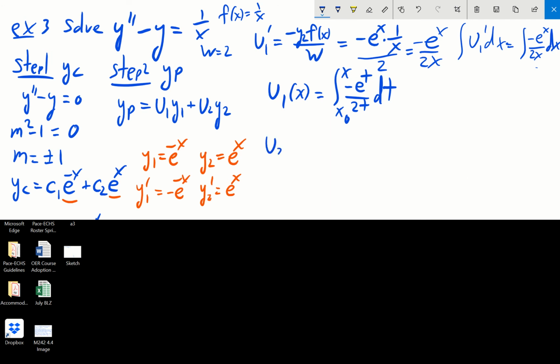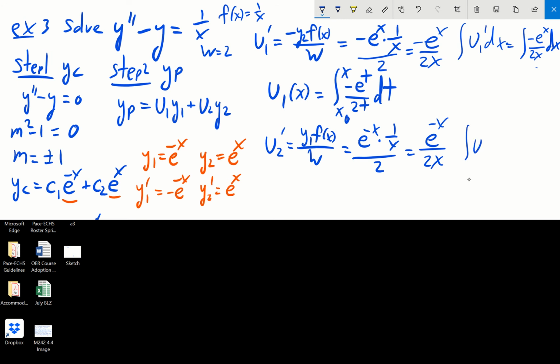Similarly, if we want to solve for u2, u2 prime is equal to y1 times f of x divided by the Wronskian, which is going to be 2. Our y1, if you recall, was e to the negative x. So now this is going to be e to the negative x times 1 over x divided by 2, which is going to be e to the negative x divided by 2x.